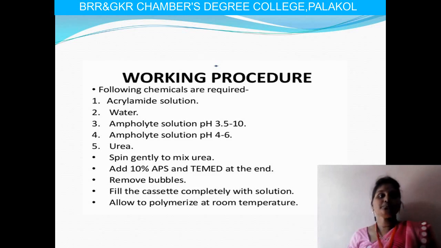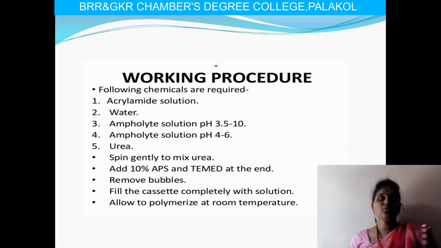First, how the procedure will be carried out. We use the acrylamide solution, water, ampholyte solution and urea, and spin gently to mix the urea, and add 10% APS and TEMED at the end.